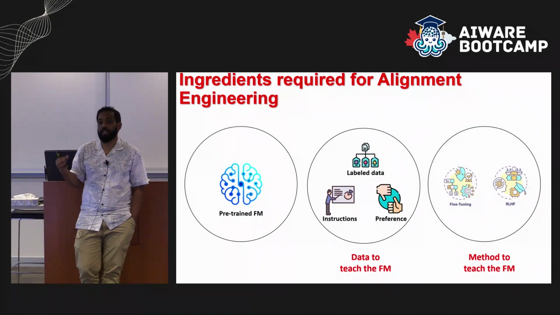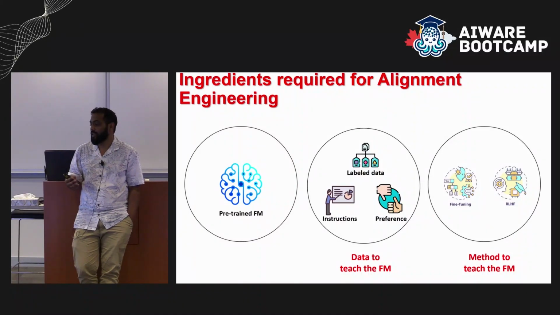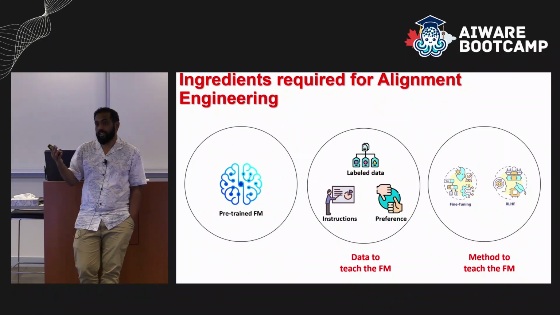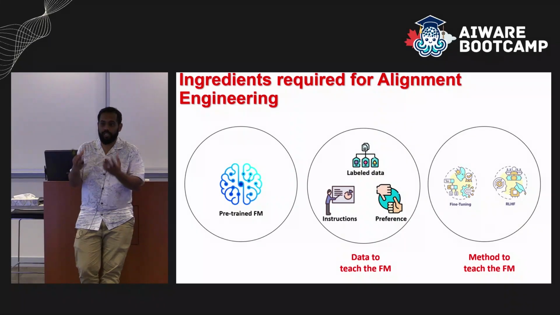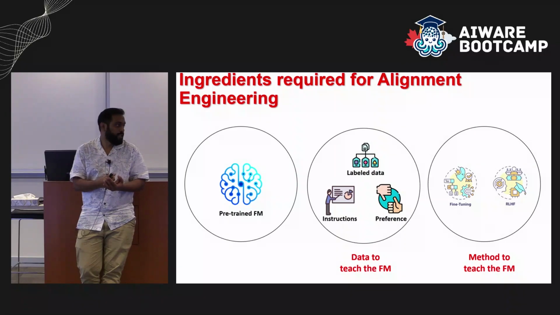It could be classification data, or instructions, or chat responses, or preference data, like data that says these are some of the responses that we like, these are some of the responses that we don't like. And then, we have all this data, and we need a method to teach the pre-trained foundation model to learn about this data.